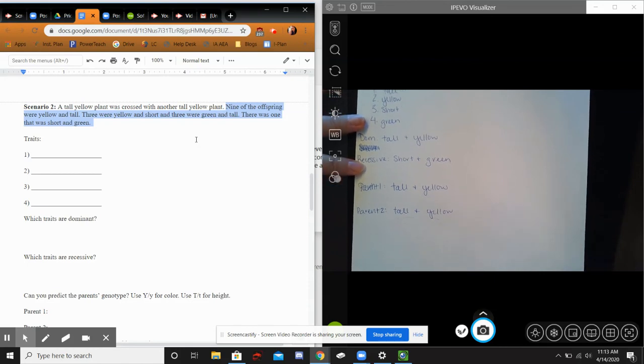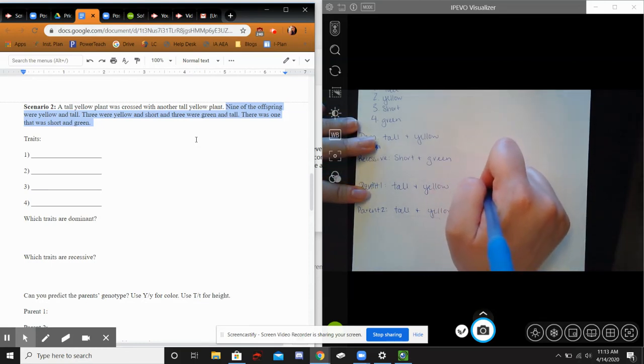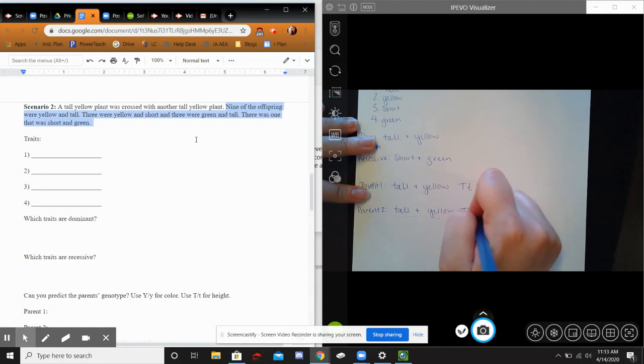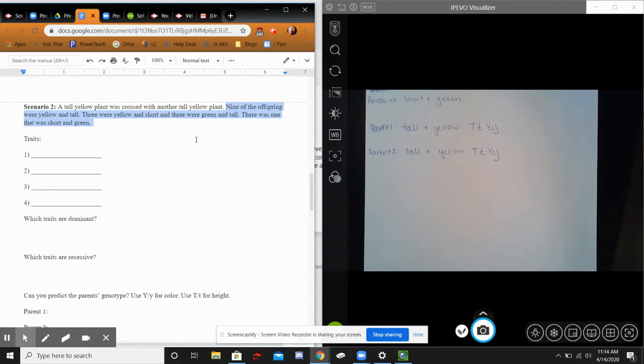But from our explanation in the scenario, we know they aren't. So we're going to use that information and assume that both parents are heterozygous. That way we're able to get a variety of genotypes in the offspring.